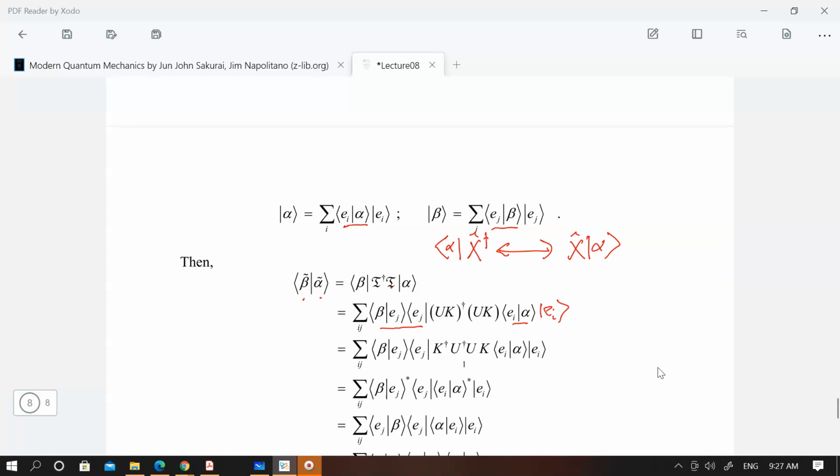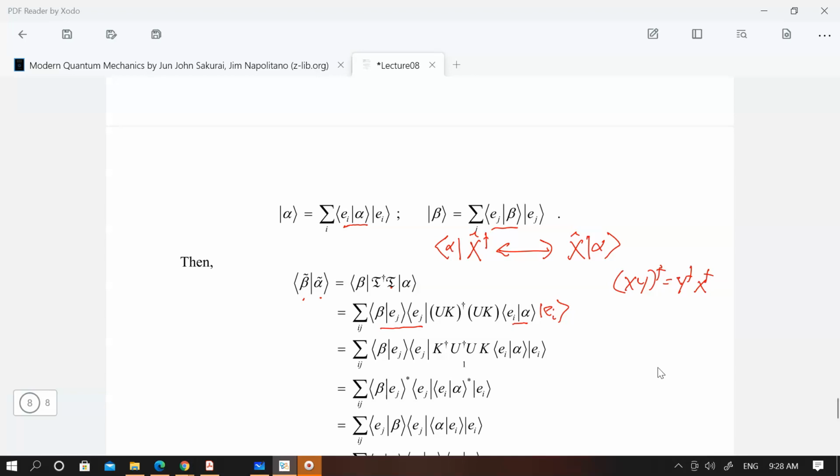Okay, and then your so-called time reversal operator is given in terms of UK, where U is unitary and K is the antilinear part, and the same thing happens for your dagger. And remember, the dagger for general operators doesn't need any condition on the operators. (XY) dagger is always Y dagger X dagger, whatever the operator is.